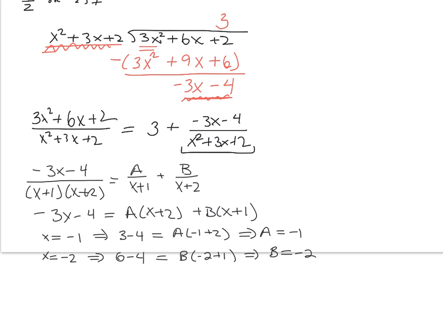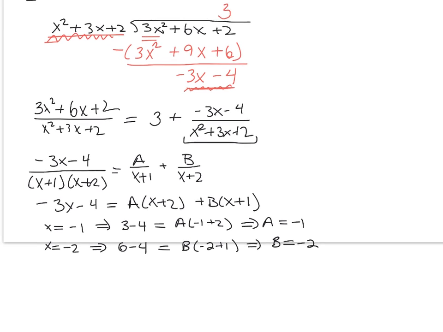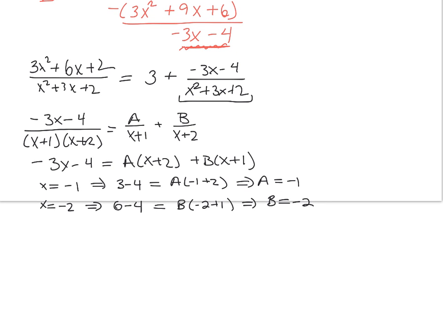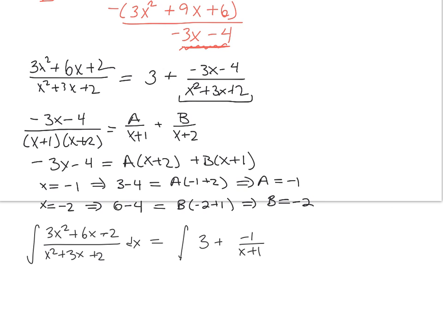And after all that holy moly stuff, you have that your original integral, so the integral of 3x squared plus 6x plus 2 over x squared plus 3x plus 2 dx, that's equal to the integral of 3 plus -1 over x plus 1 plus -2 over x plus 2.